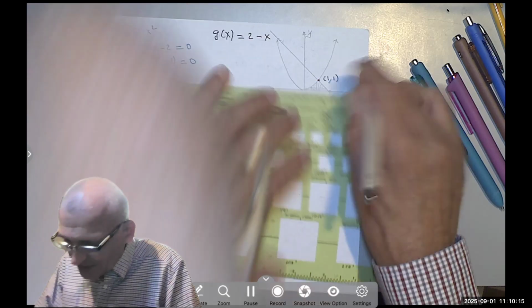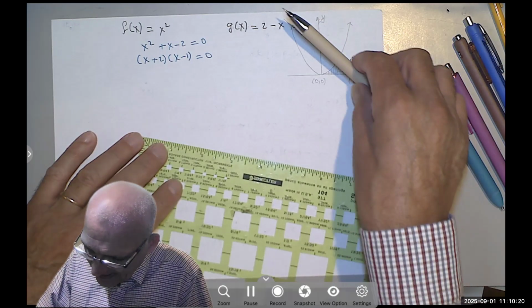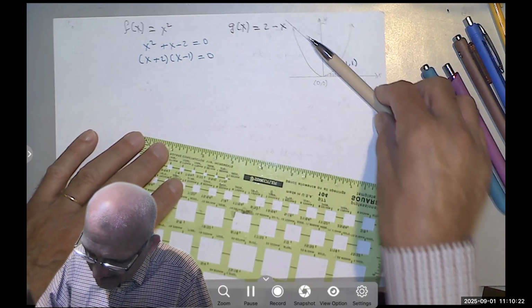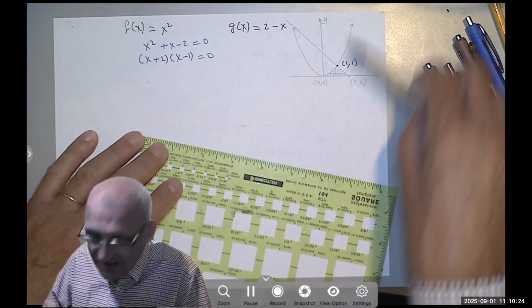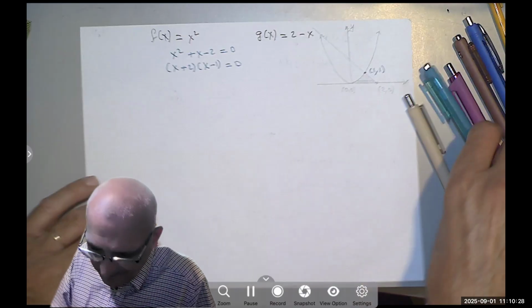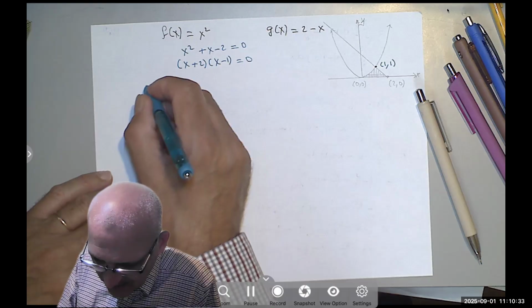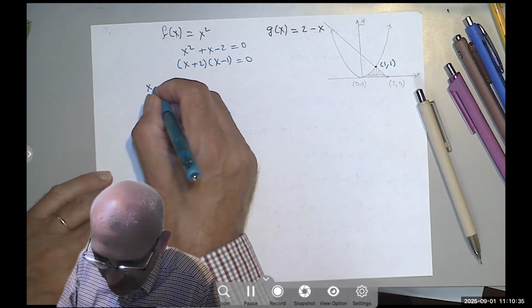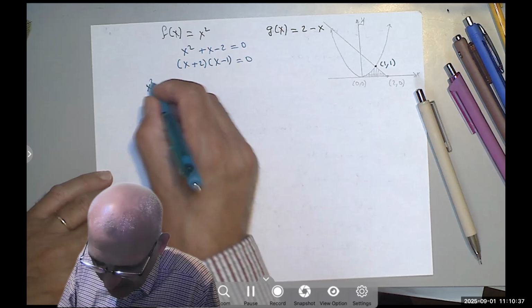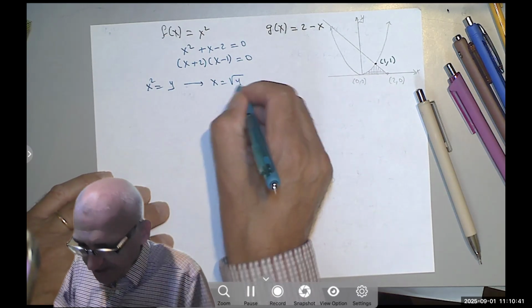the width of this horizontal strip is the x on this line minus the x on this graph. And you would say, how do I get that? So easy. I can find it here by saying x squared equals y, meaning x equals root of y.